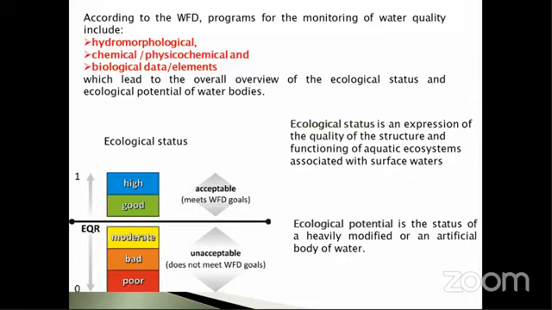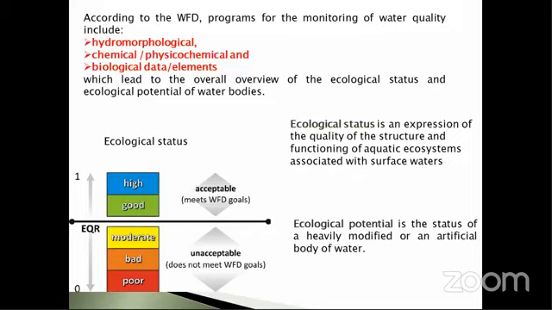Having all that in mind, we can estimate or determine the ecological status or ecological potential of water bodies. The first term, ecological status, is connected to natural waters. And the second term, ecological potential, is the status of a heavily modified or artificial body of water.